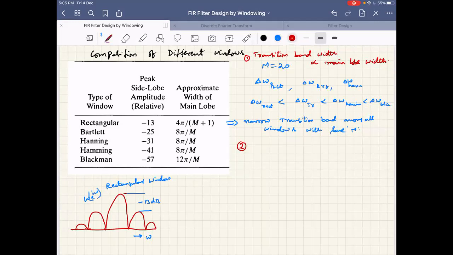Whereas if I sketch it for another window, say the Hamming window, you can see that this relative height is minus 41 dB down. So this is for the Hamming window.